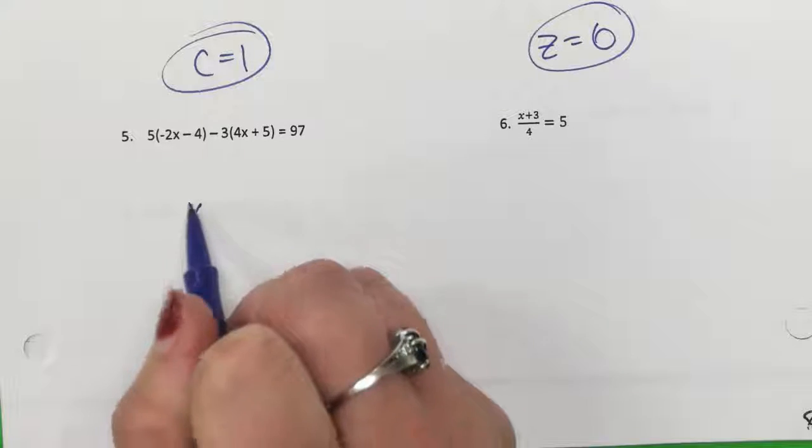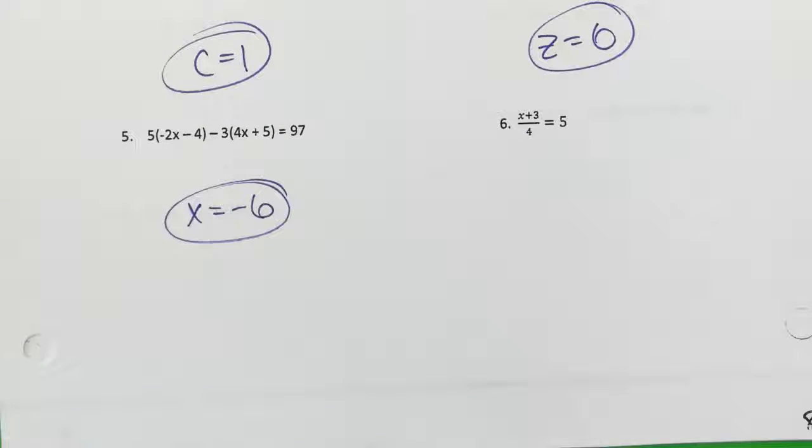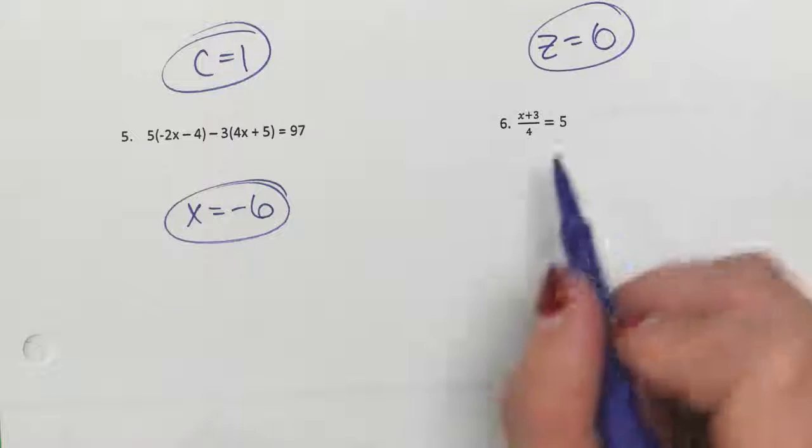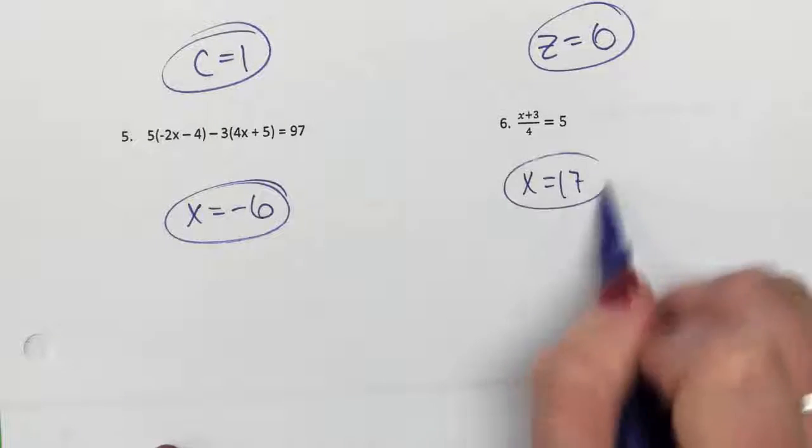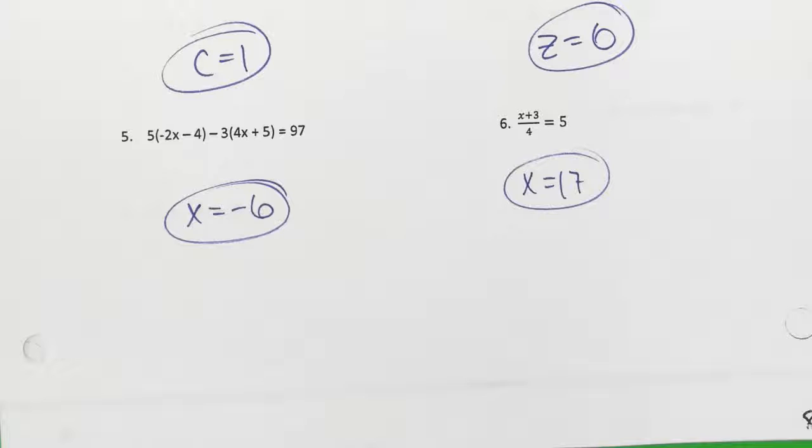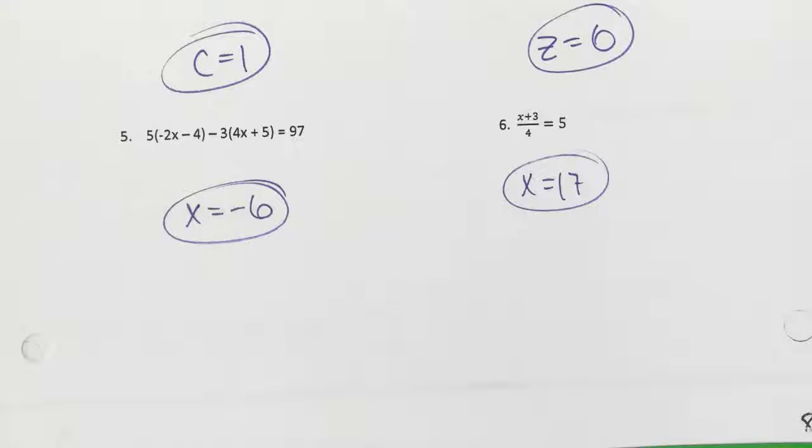Negative 6, I guess. Alright, and then number 6. What did y'all get on number 6? 17. Very nice. Alright, so, look, you need to make sure that you can get all of these answers and let me know if you can't, and we'll go over it. And I think there is like one person that hasn't had a checkpoint finished. I think the rest of us are good, though.